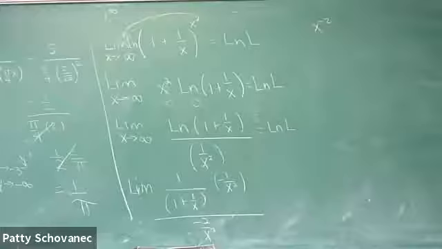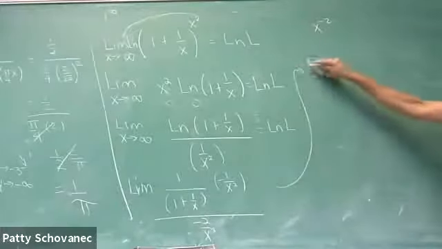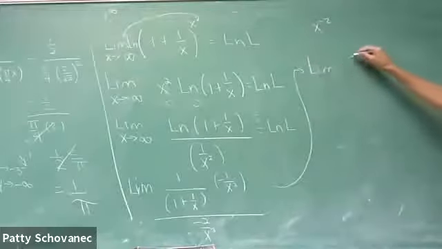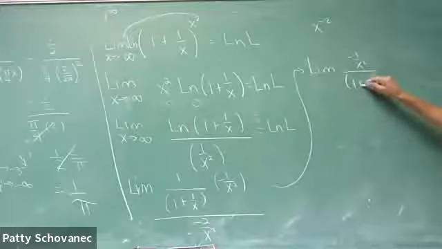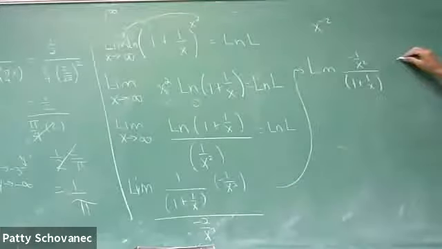Okay, so let me see how I'm going to simplify this and make it fit on the board. I'm going to put the negative 1 over x squared on top of the 1 plus 1 over x. Then I'm going to take this and flip it over and multiply it like that.